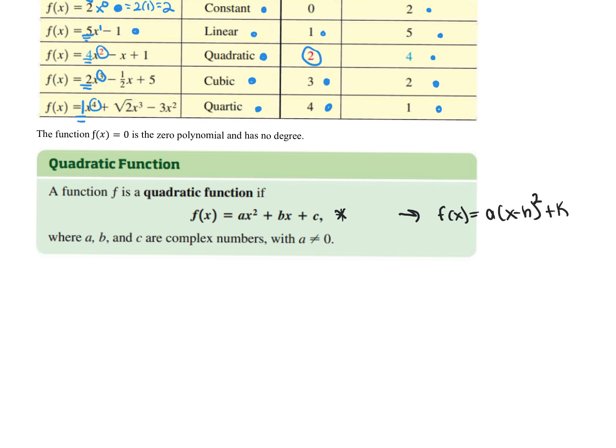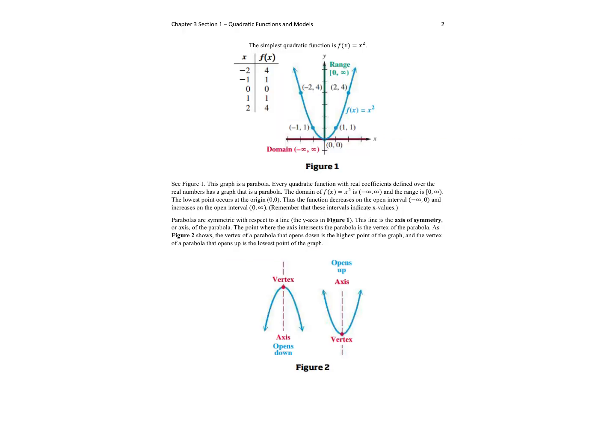It's called vertex form. This one over here is called standard form. But both are parabolas and quadratics. Parabola is the shape, quadratic is the name of the family.